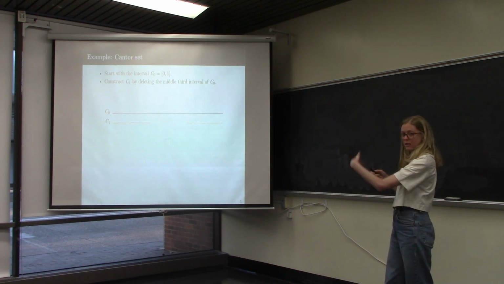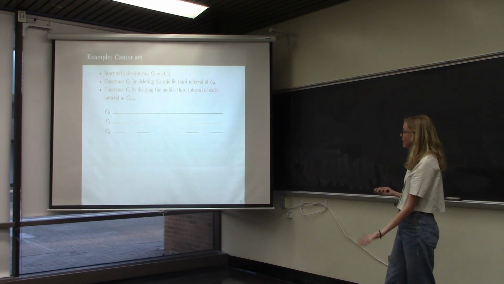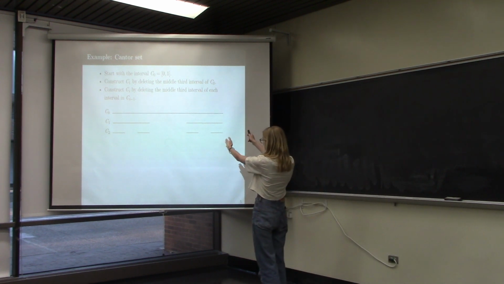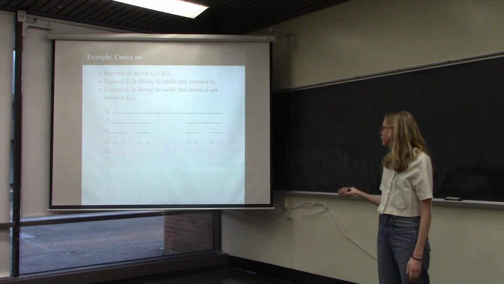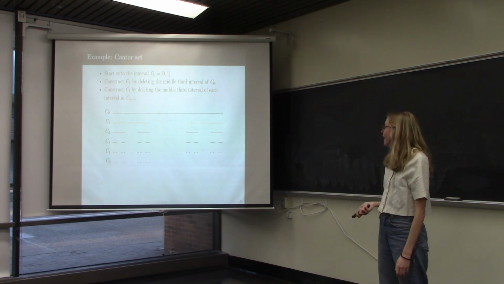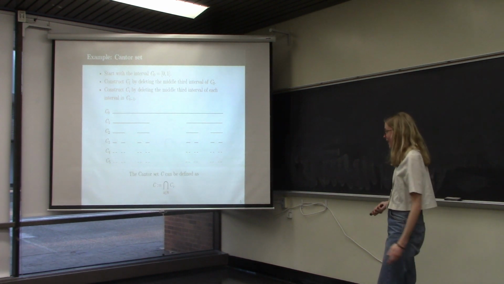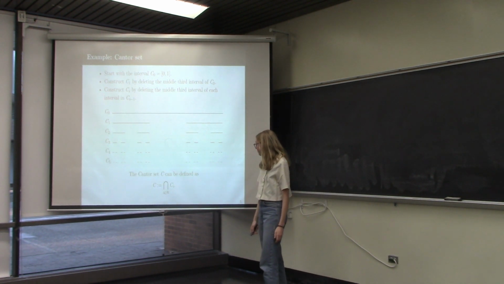And that's our first step, C1. And we continue doing the same thing, but instead of deleting just the middle third, we do it in each of the sub-intervals. And we continue and continue and continue. And in the end, the Cantor set is defined as the intersection of all of those sets.